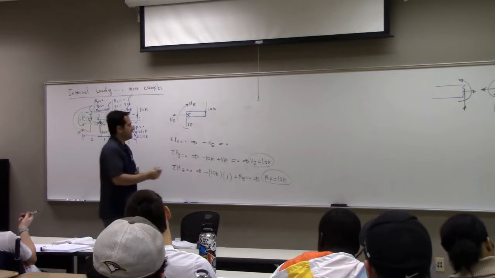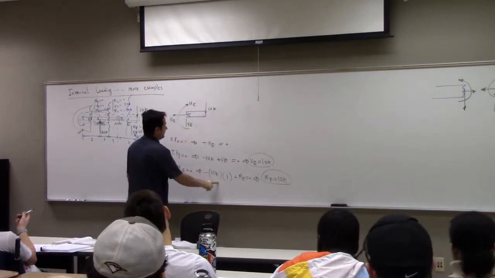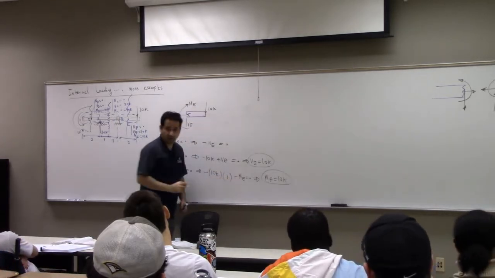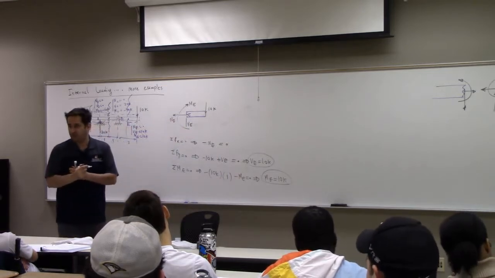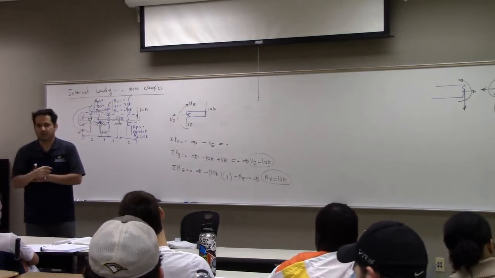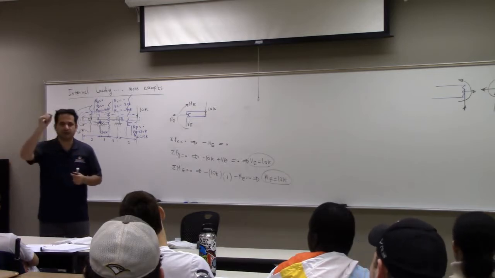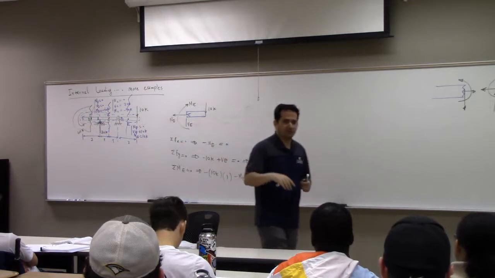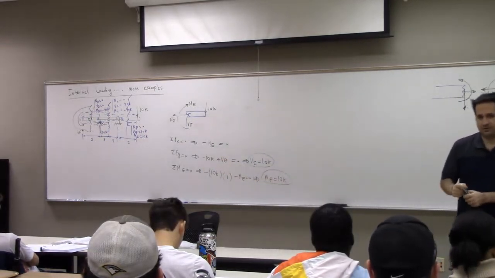I may have made a mistake. Let's check it again. Moment at E, 10K with negative 1, and then ME is negative. Thank you. Who said that? Yeah, email me for quiz marks. You see, if you can find mistakes, there are a lot of mistakes. Trust me. If you find mistakes like that, or even go home, watch the video and say, well, in the video, equation number blah blah is not right, you need a negative sign, well, you get a quiz mark.